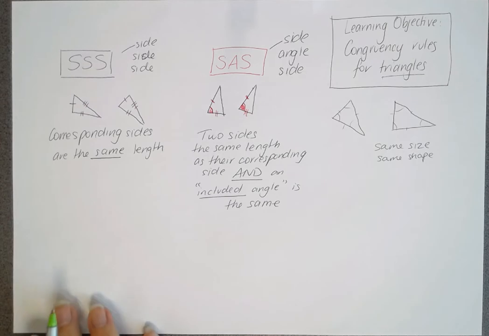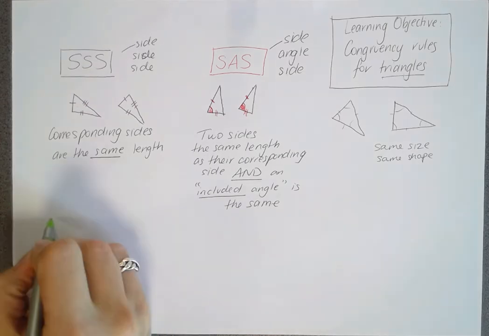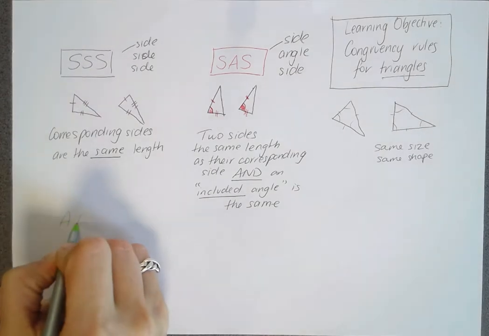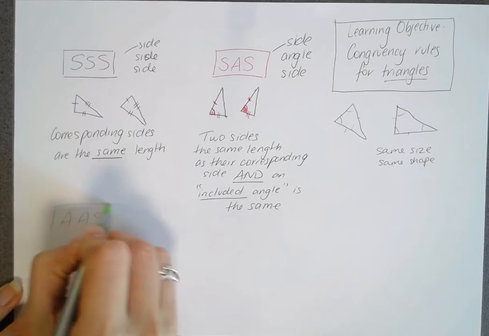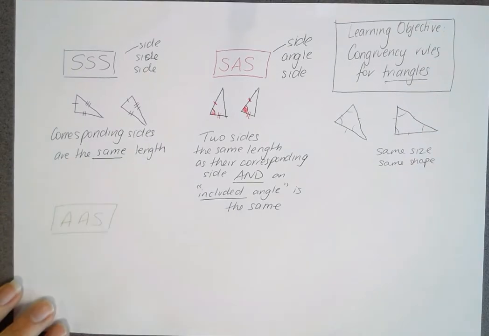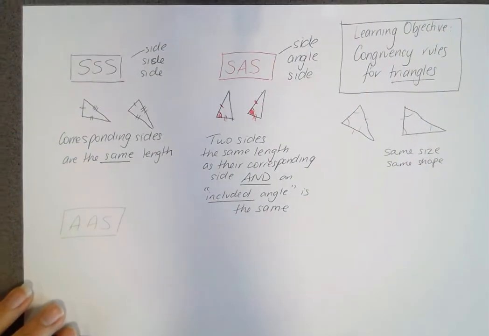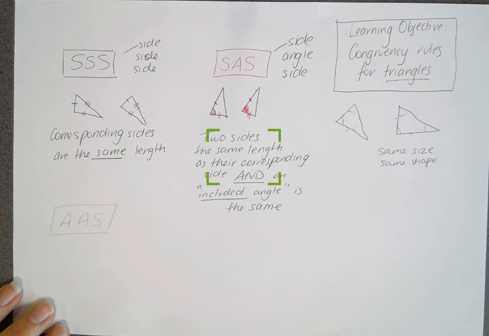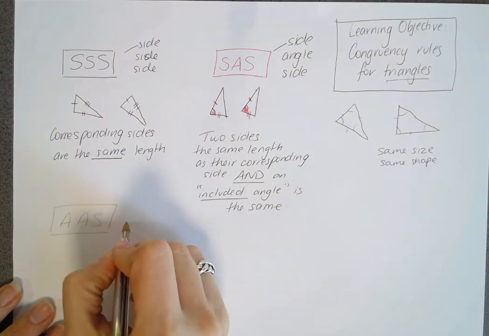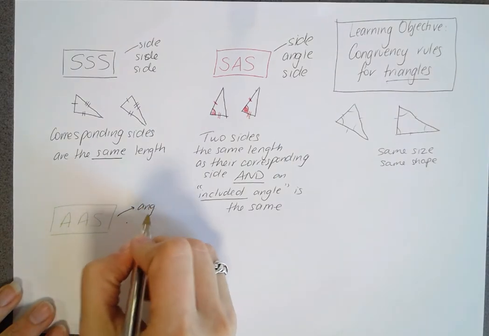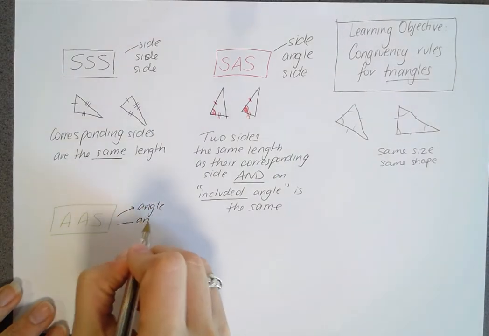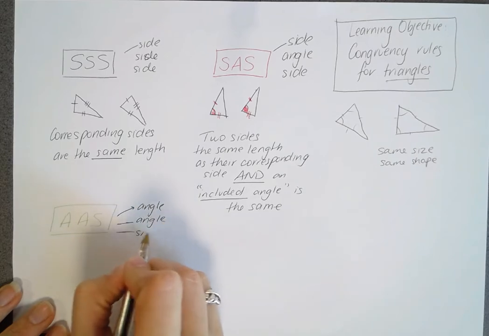Okay, our next rule, it is a little bit funny, AAS. Alright, and you can guess by now that AAS stands for angle, angle, side.